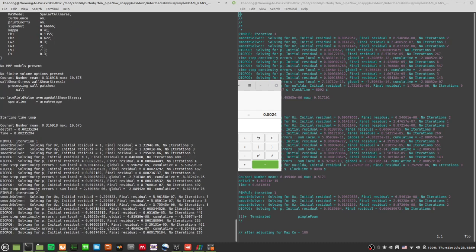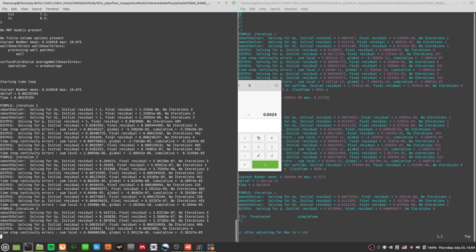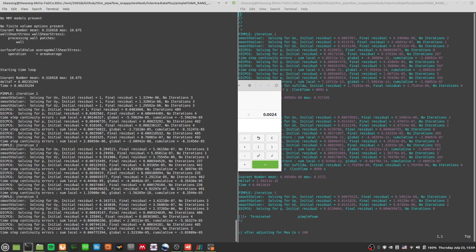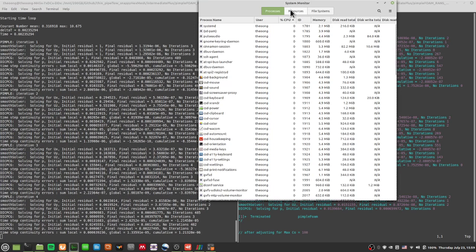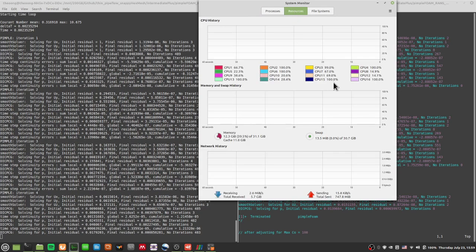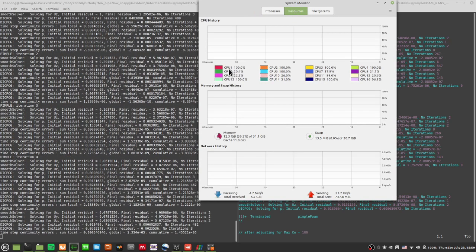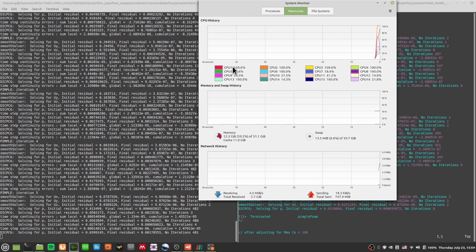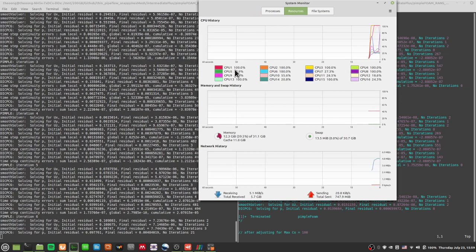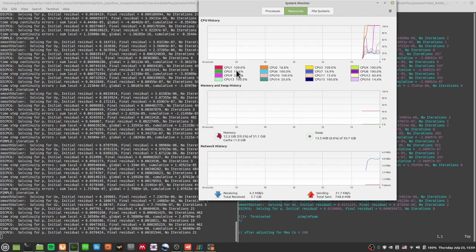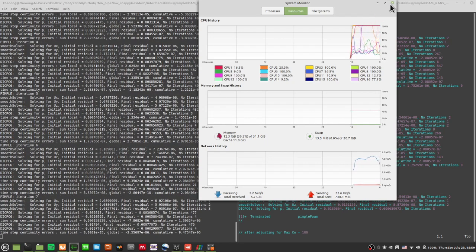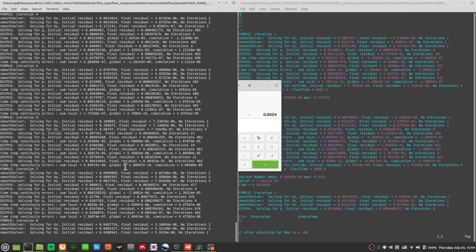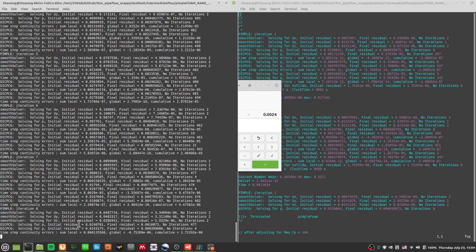Nonetheless, it's going to take up more computing power. If you take a look at the system monitor, I'm using way more resources. Normally it will just be one of these CPUs at about 100%. Now I have about 8.